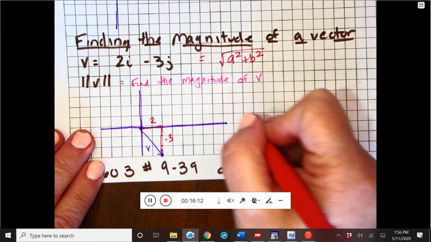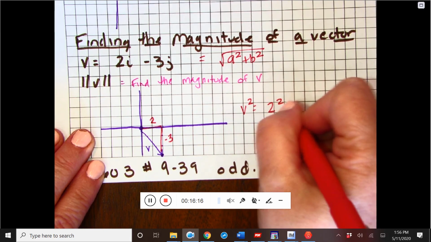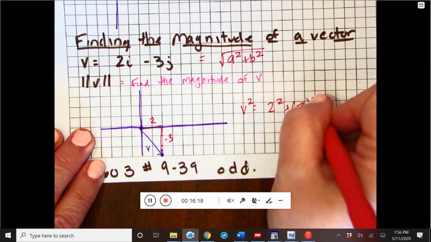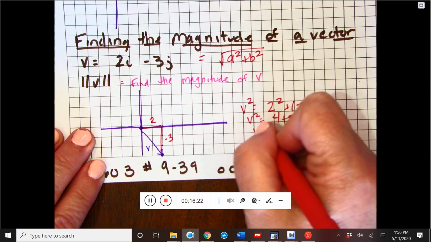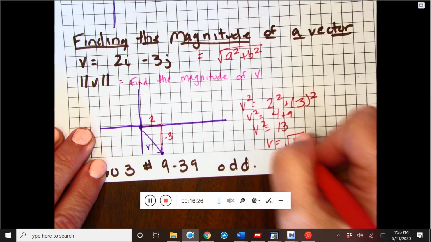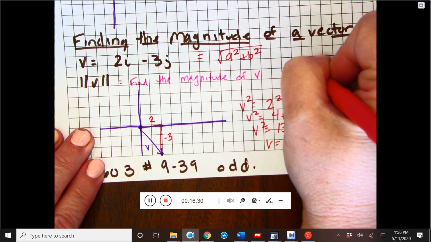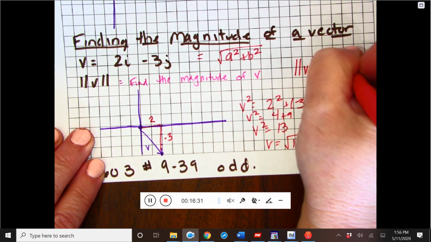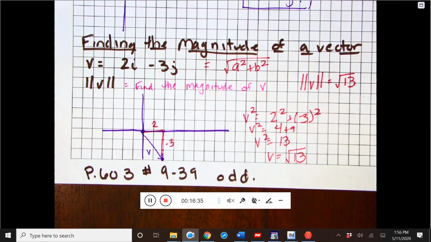So what I would do is v squared equals 2 squared plus negative 3 squared. v squared equals 4 plus 9. v squared equals 13. v equals the square root of 13. So we say the magnitude of vector v is the square root of 13. Okay? It's just Pythagorean theorem.